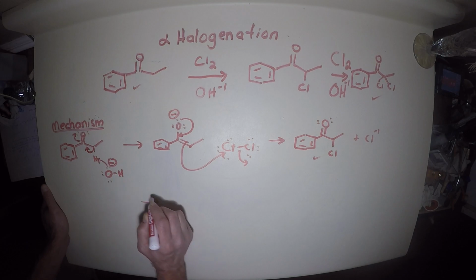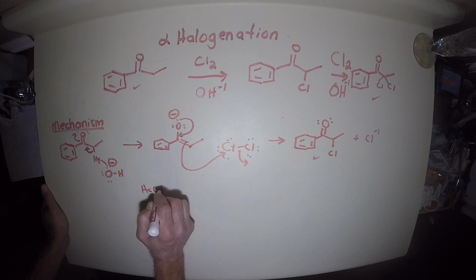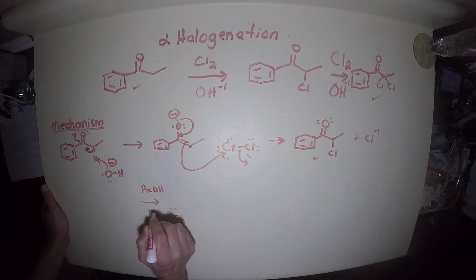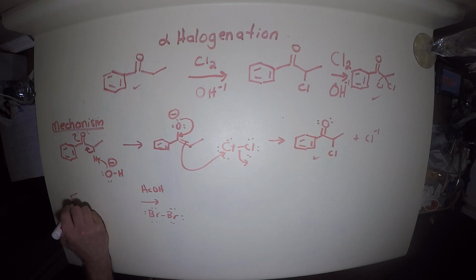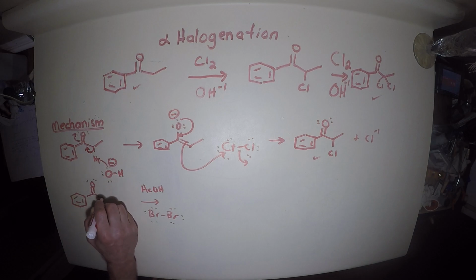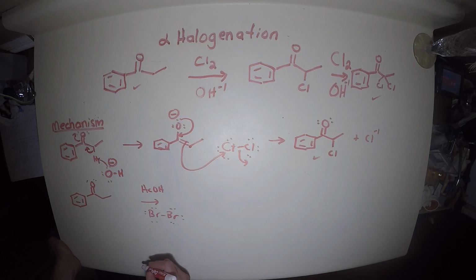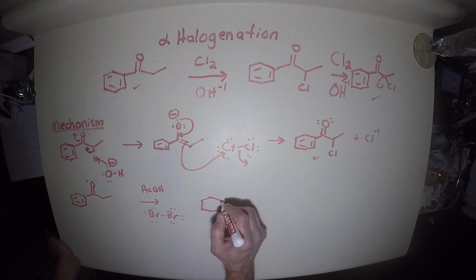A common reagent system would be acetic acid and the halogen, like bromine or chlorine. And again, I'll use propiophenone as the ketone. Now, of course, in acid, we're going to form an enol in our mechanism.